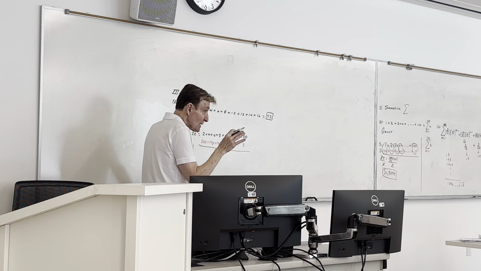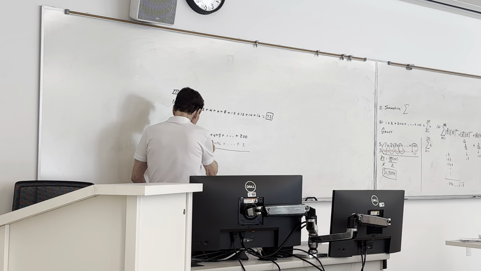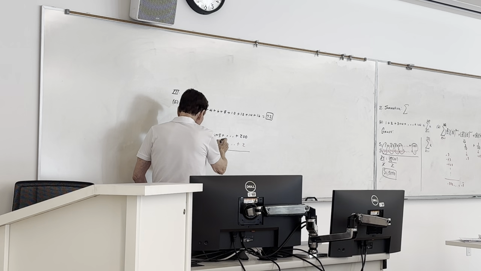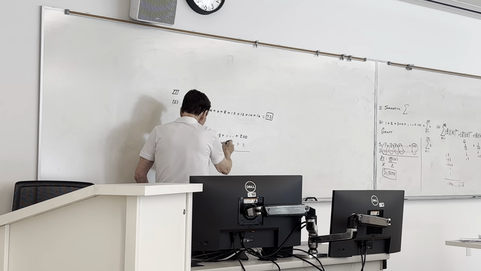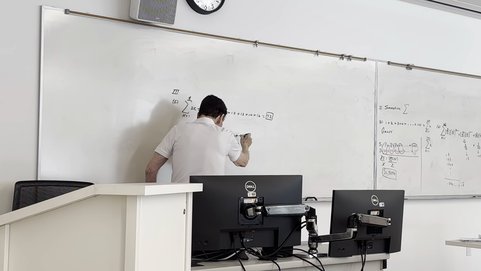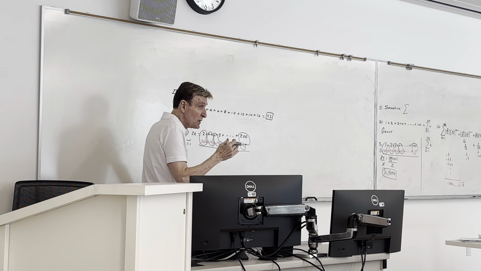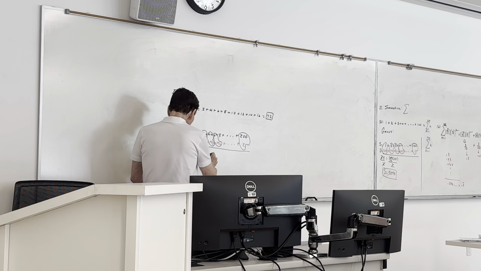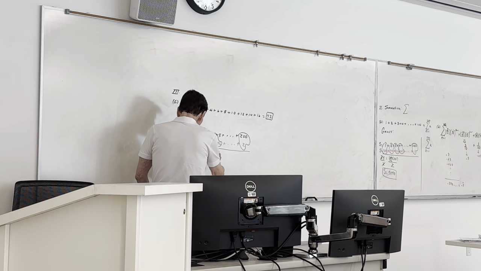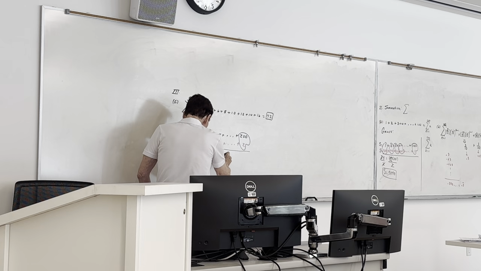I don't know how messy that's going to be, but let's see. This is 202. This is 202. This pair is 202, and definitely the rest of them will be 202. So you got a sum of 202 in the pairs, and I did that 100 times. 202 times 100.